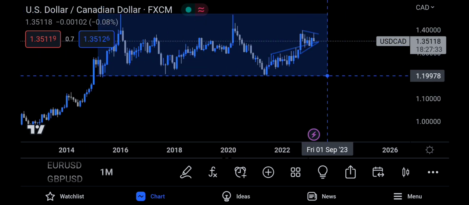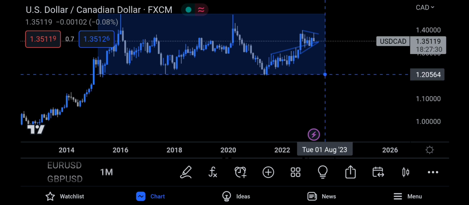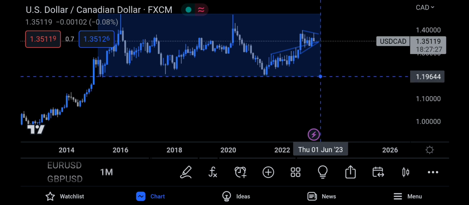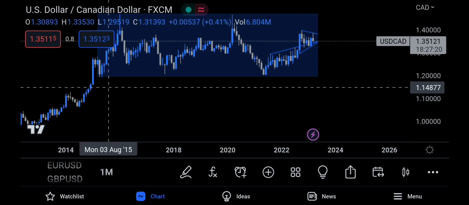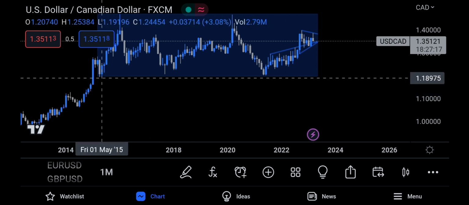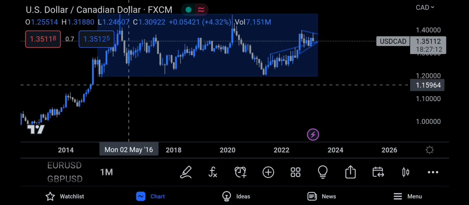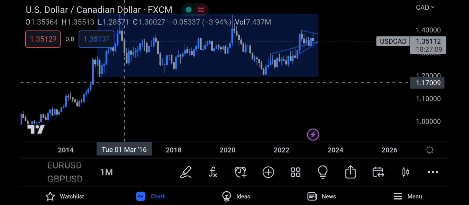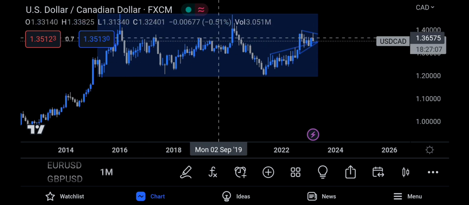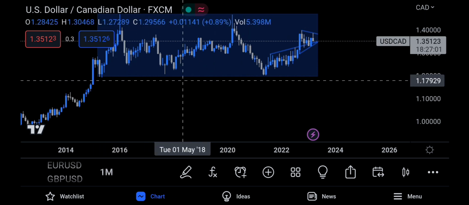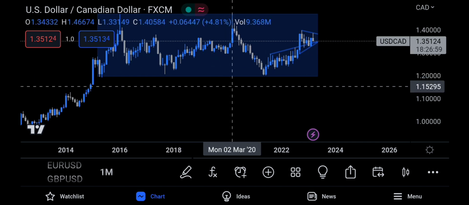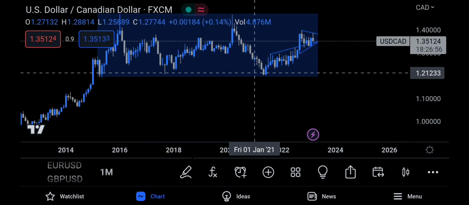We've been in this range since 2015. Since then, the market has been in a wide range, hitting range resistance and range support. So this is the situation we are currently seeing in the monthly time frame.